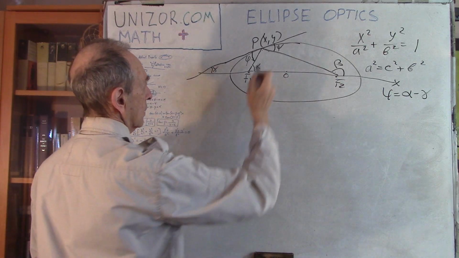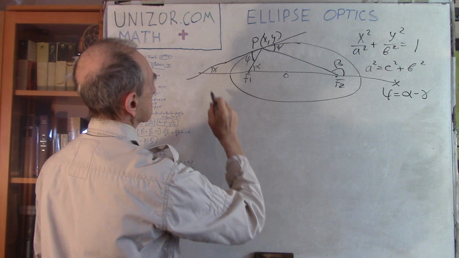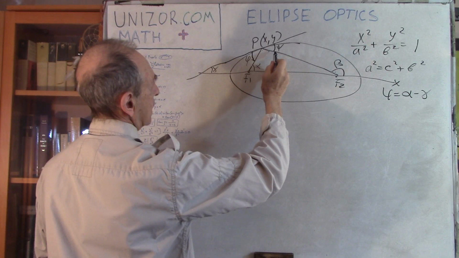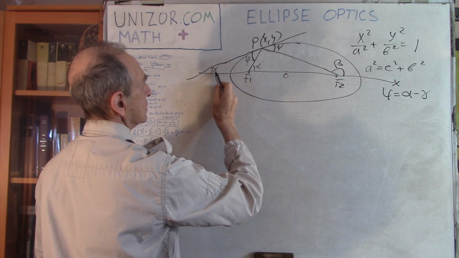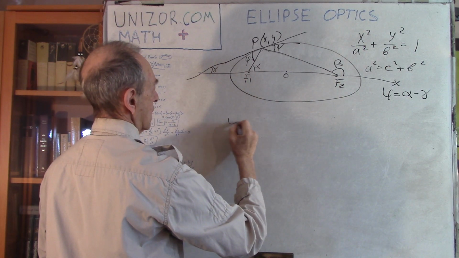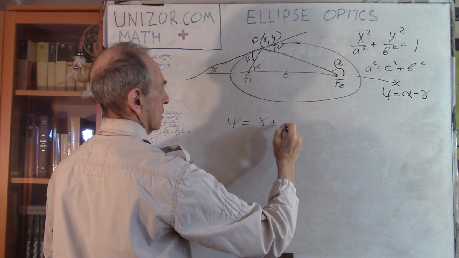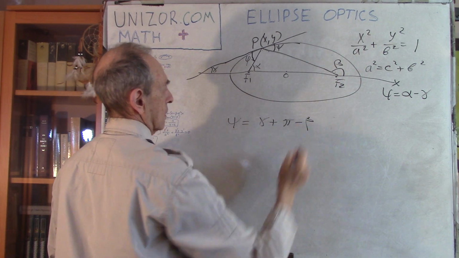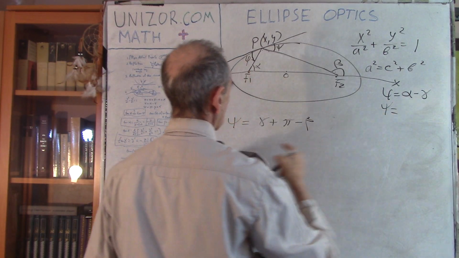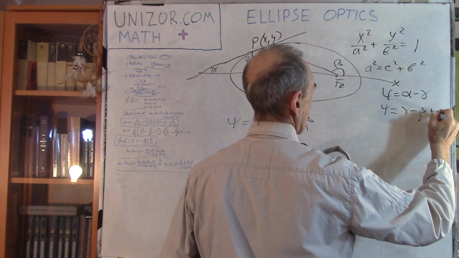Okay, now angle psi, if you will consider triangle from here to here to here, angle psi is external angle. It's supposed to be equal to sum of this and this. So psi is equal to gamma plus pi minus beta, from which psi is equal to gamma minus beta plus pi.